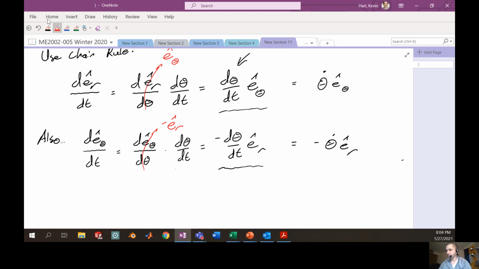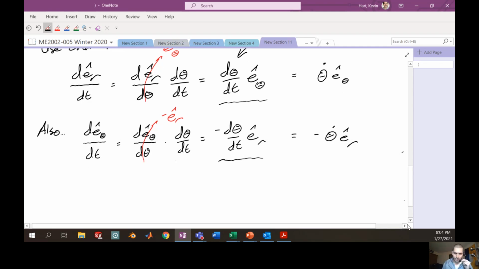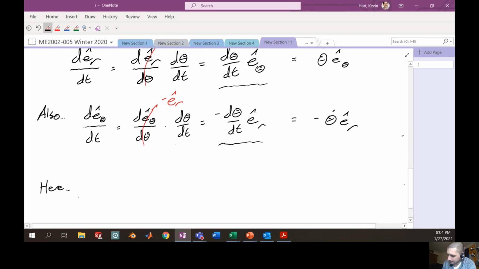Let's keep moving. And let's put some sort of physical sense to these. I think it might be helpful. All right. So here, this theta dot, d theta dt, also known as theta dot.